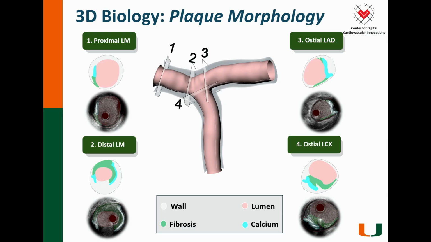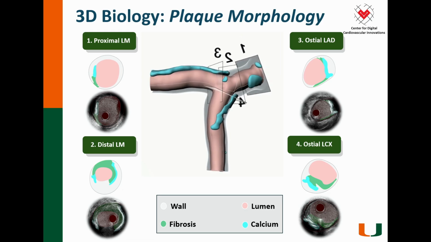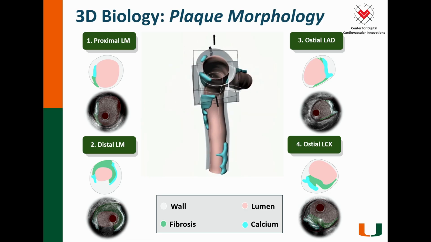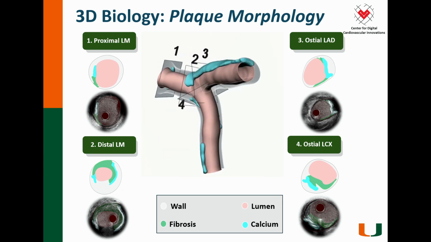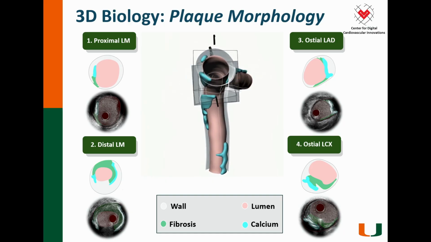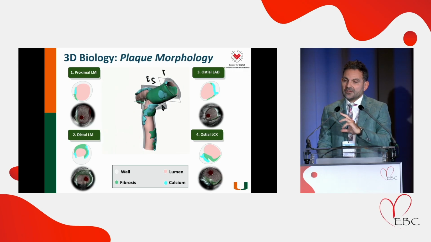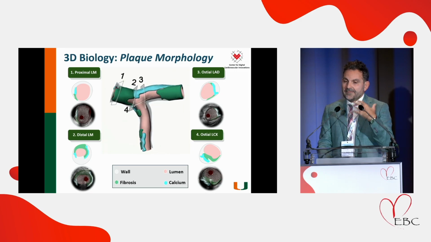And you get to see now here the distribution of calcium in 3D, coming from the IVUS images and integration of angio, now a very faithful replica of the biology, and then also the fibrous tissue.